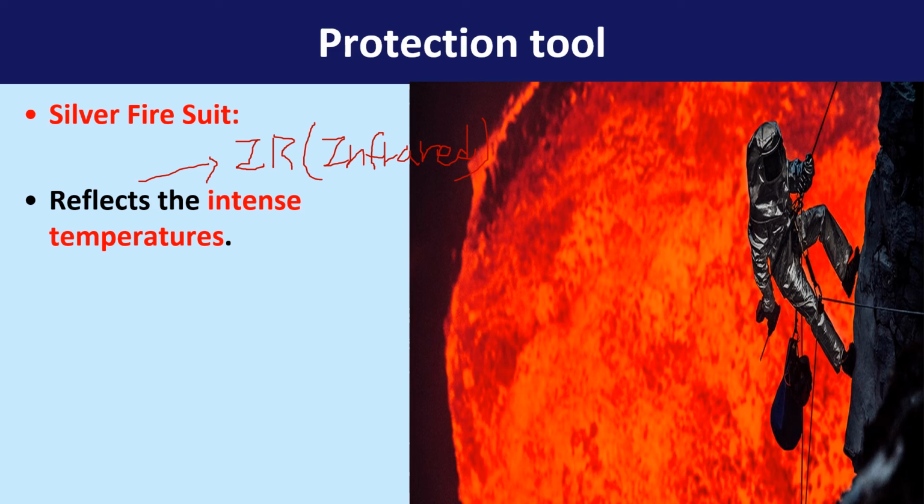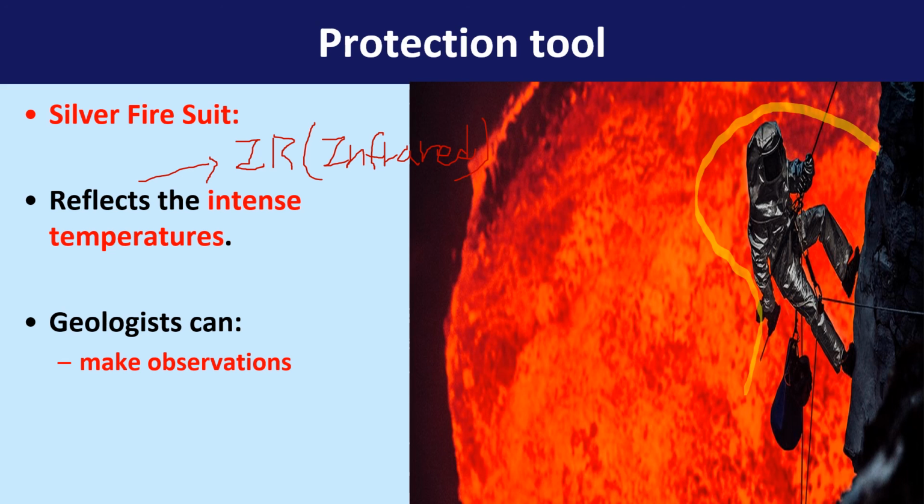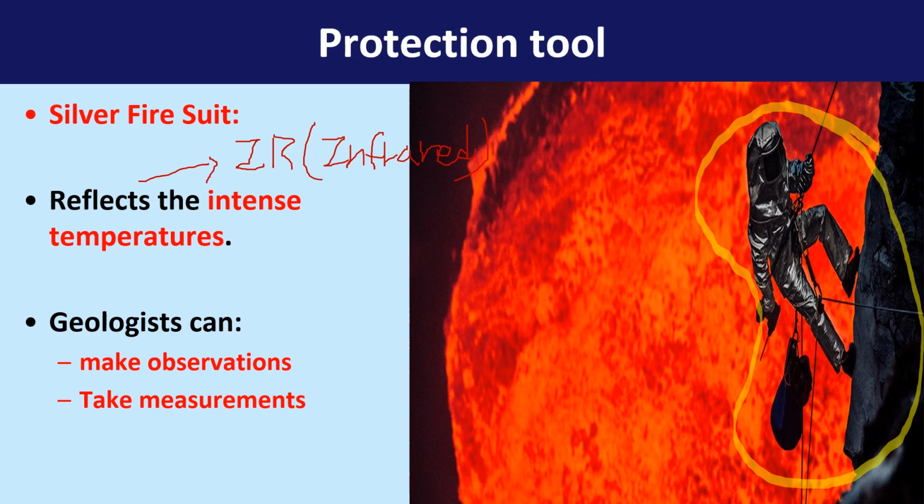It's a heat wave. It reflects the heat wave, just like a mirror reflects sunlight. Geologists basically use it to make observations, like what you see down there. I know it looks crazy, and I would never do this kind of job in my life, but to explore rock samples, activity, and temperature, people actually wear it and move down there, take measurements, and collect gas and lava samples.